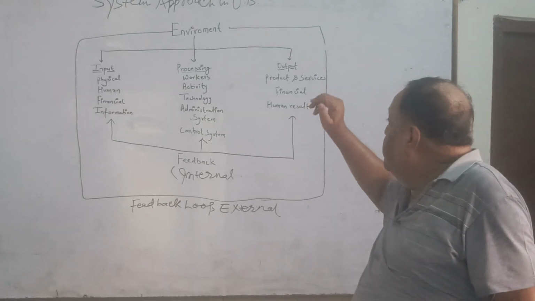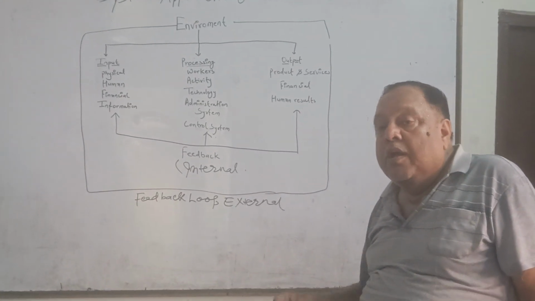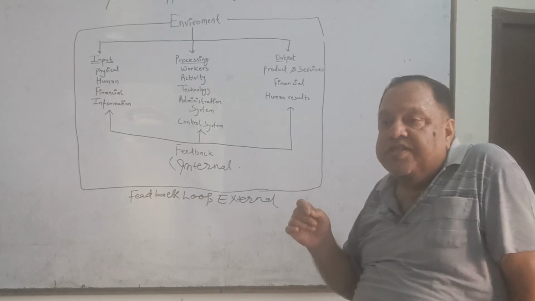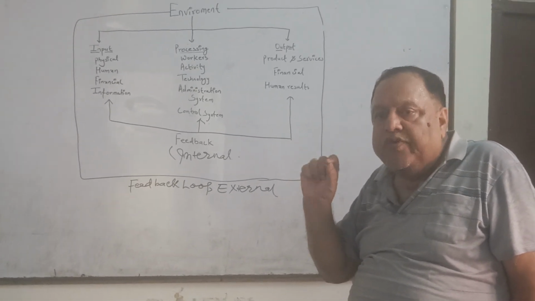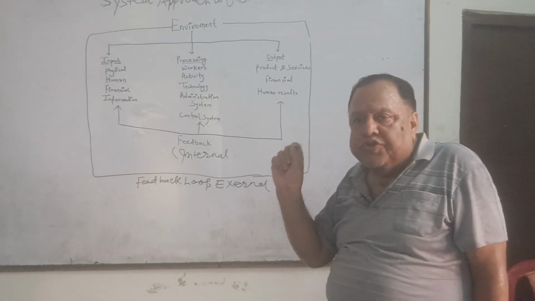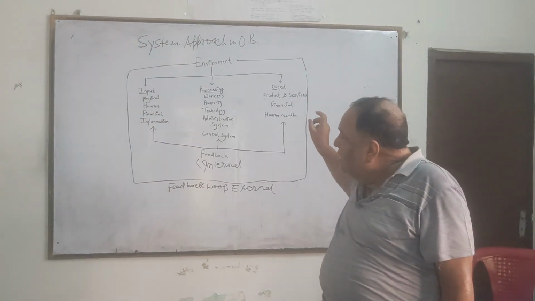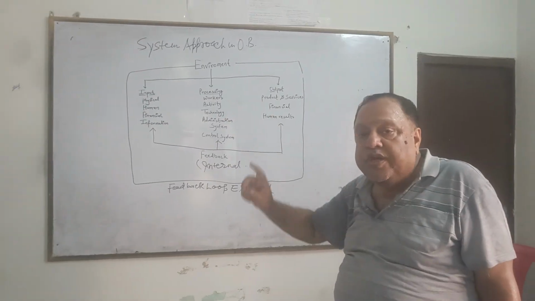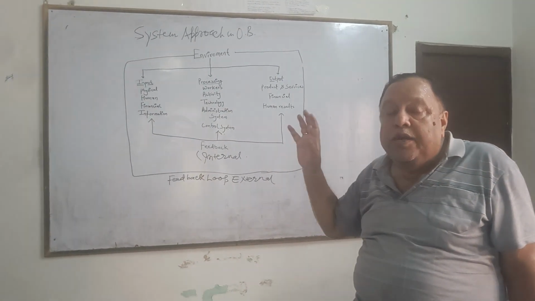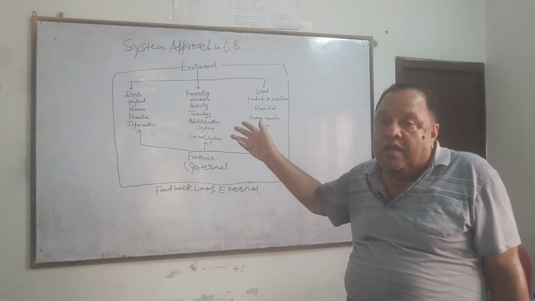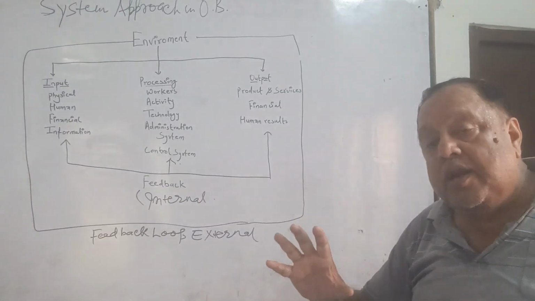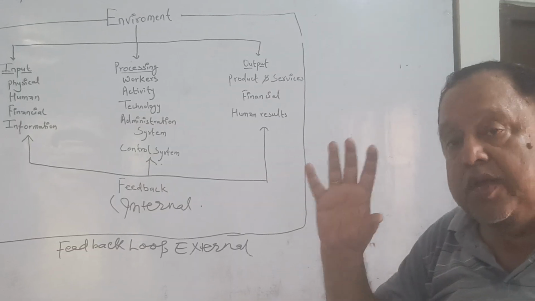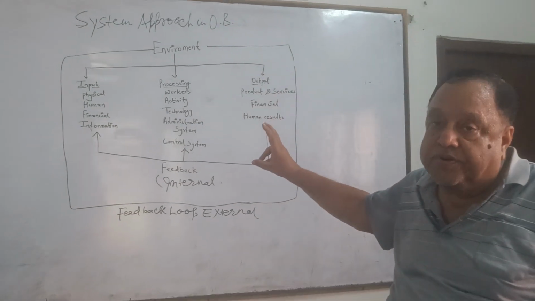So in the output subsystem, when one notices that there is some deviation from the given specification of either product or services, they will immediately transfer that message to the input subsystem, and the input subsystem will check the components to see whether the proper mixture is being given to the processing subsystem or not.